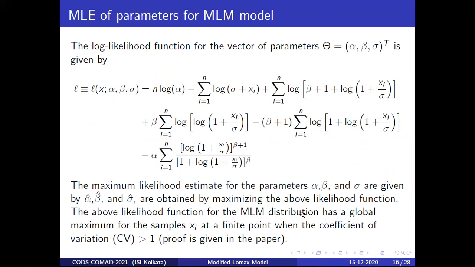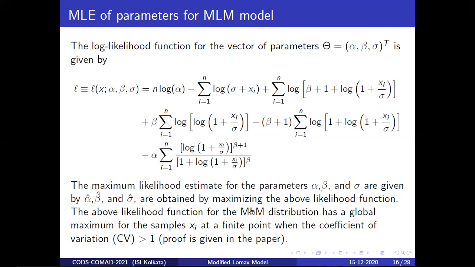We found theoretically that the above likelihood function, that is this L, which is a function of x and alpha, beta, and gamma, has a global maximum for the samples xi at a finite point when the coefficient of variation of the dataset is greater than 1.